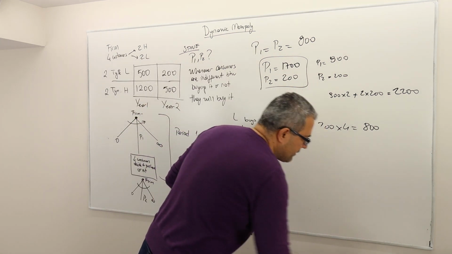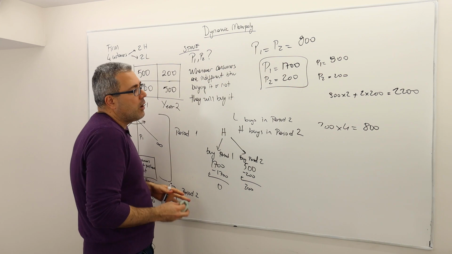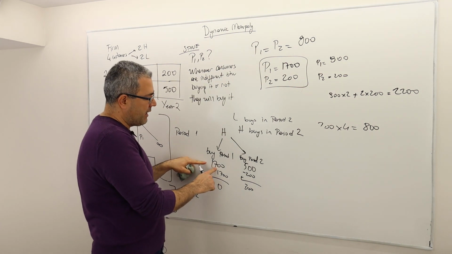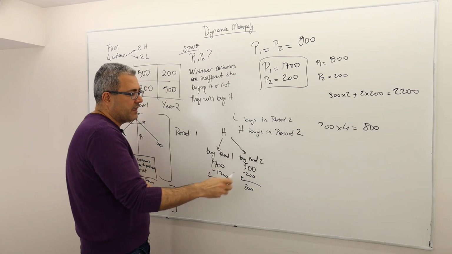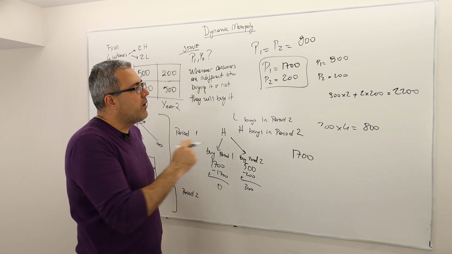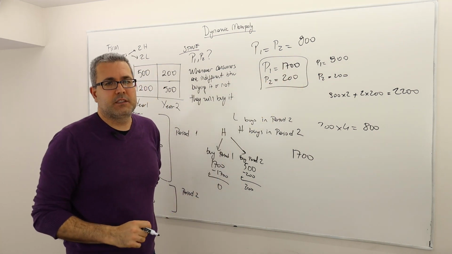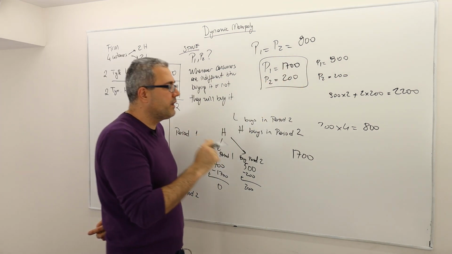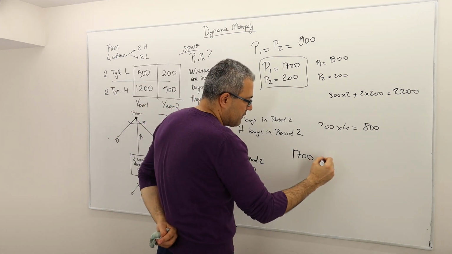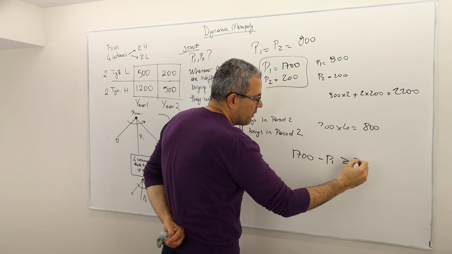Okay. Here's what I should do. Remember, these guys are willing to buy, and in this case, going to benefit 1700 units of benefit, right? However, let's keep this price fixed. It's $200. So what's going to be the benefit if they buy in the second period? It is 300.